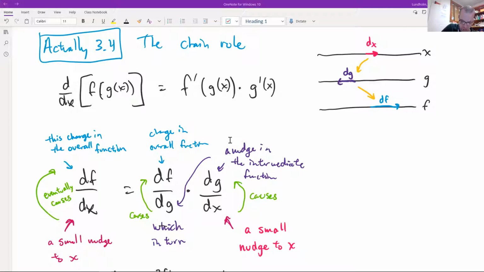So let's say rate of change of f with respect to g of x.